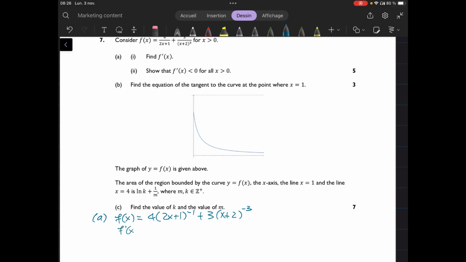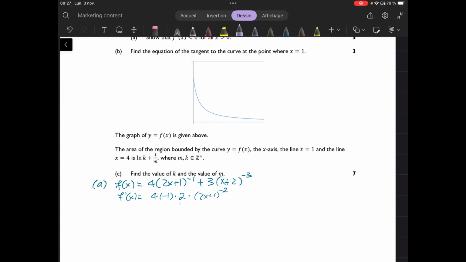F prime of x is therefore 4 times negative 1 times the derivative of 2x plus 1 times (2x plus 1) to the power of negative 2. This 2 comes from the chain rule.